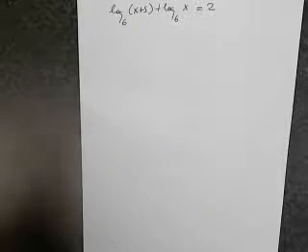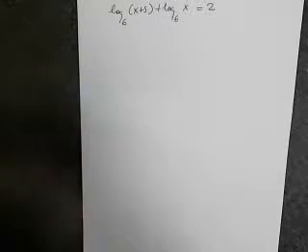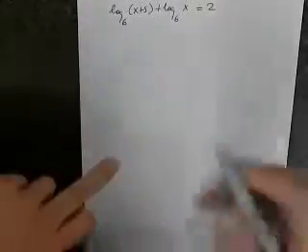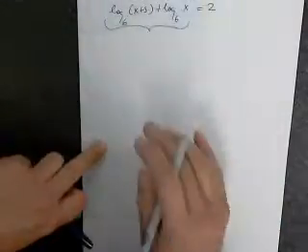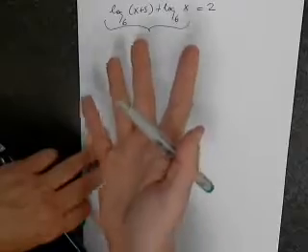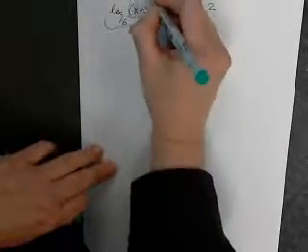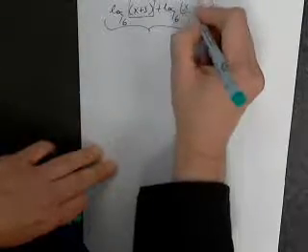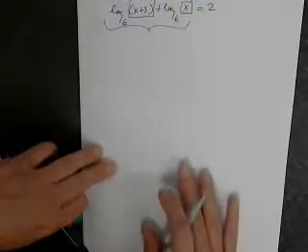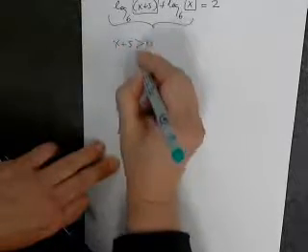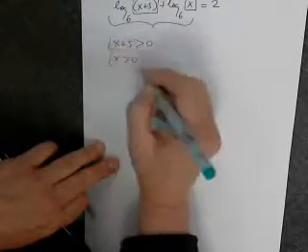If you're using the method of stating the domain, you must state the domain on the raw equation. In this equation, I have two logs. This quantity has to be greater than 0, as well as this quantity. I will write both restrictions, x plus 5 greater than 0 and x greater than 0.